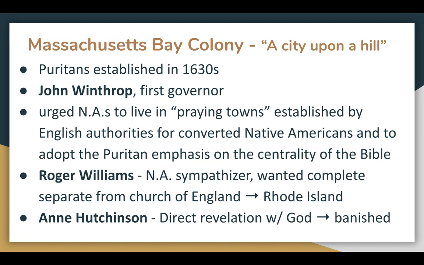And he actually wanted to pay Native Americans for the land that they were taking, which was super countercultural. Most of the English colonists were just taking land from these Native Americans without any contracts, without any money. And Roger Williams wanted to do it maybe a more legal way, maybe a better way, in his opinion.